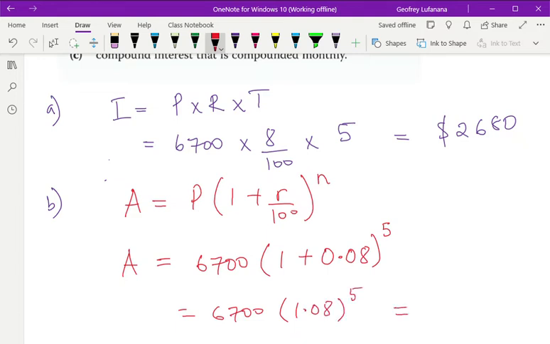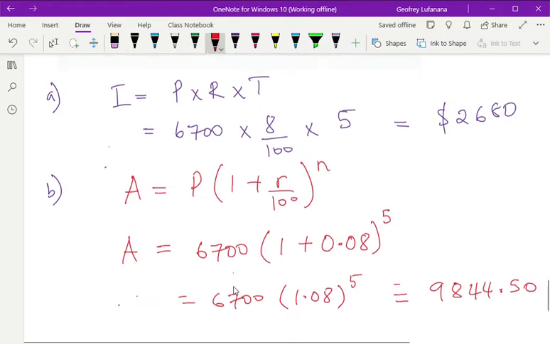When I press that on my calculator, I have 9,844, point, if I round off, that's going to be 50. Now remember, when we are dealing with money, we round off to 2 decimal places.